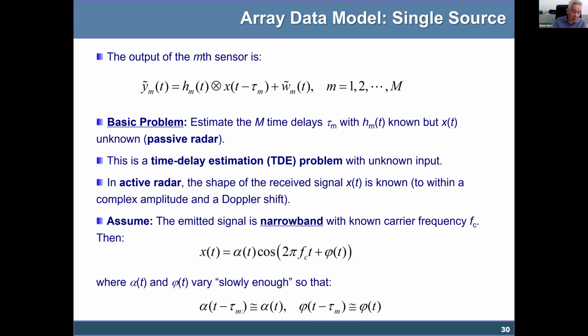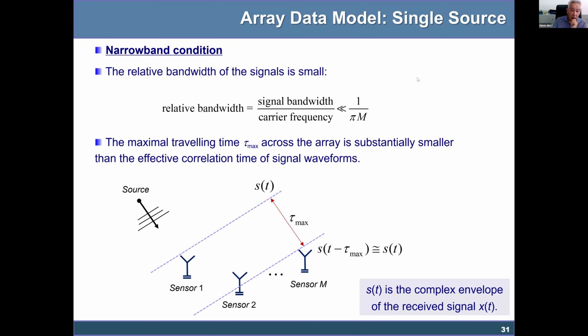Now, if you consider tau m as the largest delay, basically this assumption means that during the time that is necessary for the waveform to go through all the array, the amplitude and the phase do not change significantly. So the change can be neglected. So basically, this is the implication of the narrowband assumption.